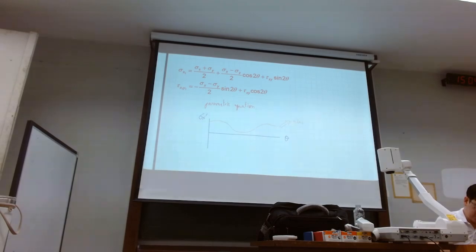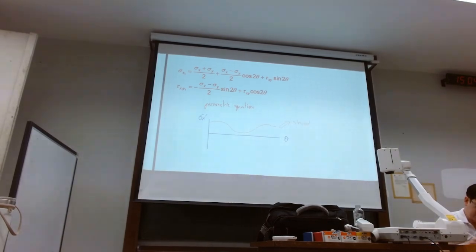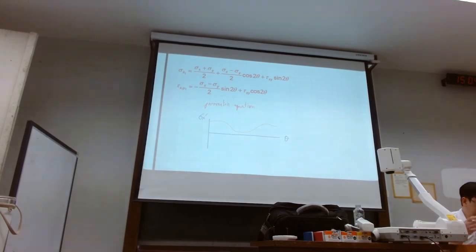Usually sinusoidal, I forgot how to spell it. So similar to the sine and the cosine curve, it's going to be fluctuating up and down.